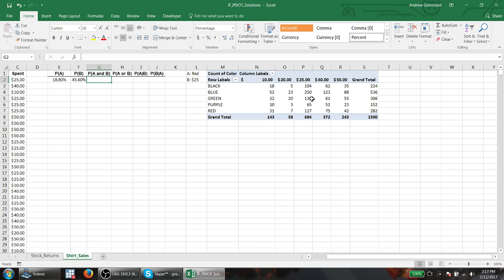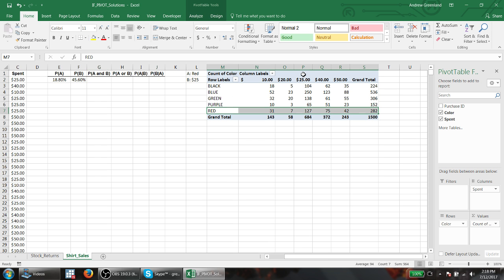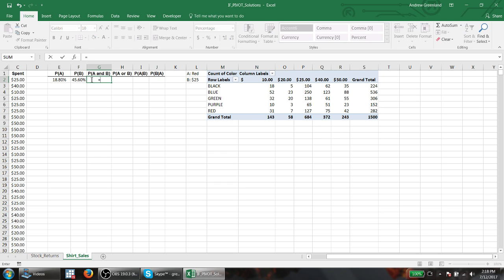The probability of A and B, well, we can say, where do we see A occurring? Where do we see B occurring? Well, the intersection of those two is this 127 out of the 1,500 total. So we can say that this is going to be equals P7 divided by S8, or 8.47%.